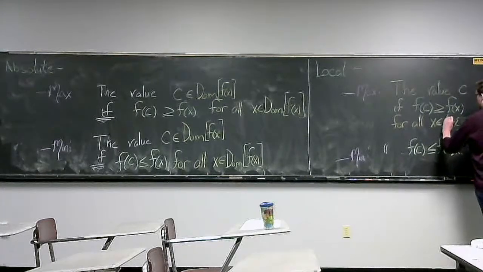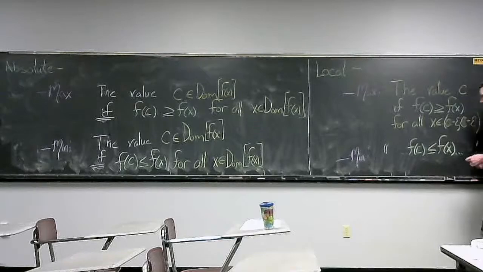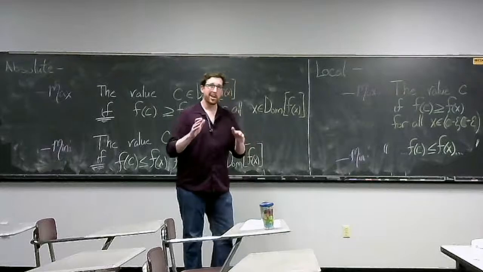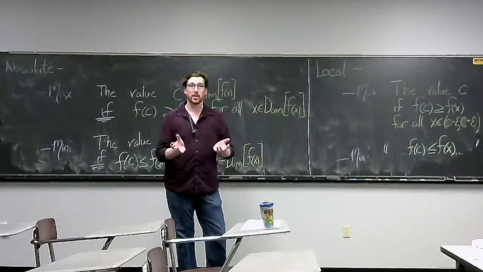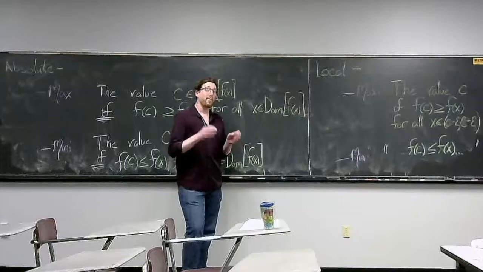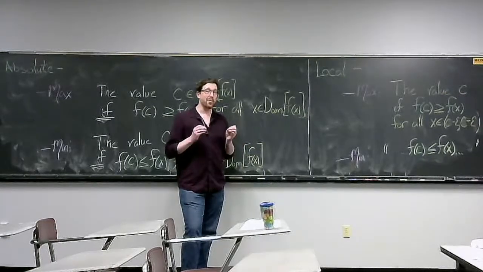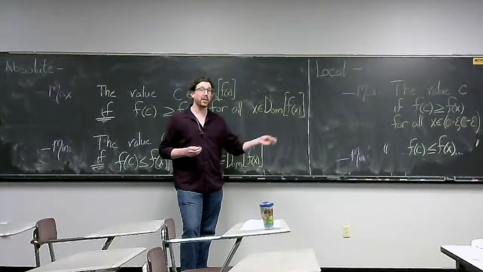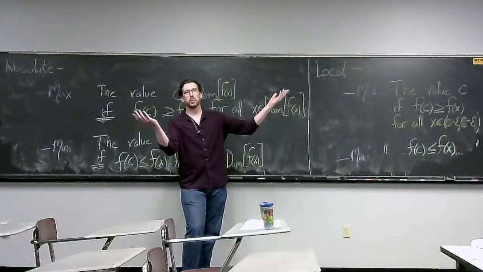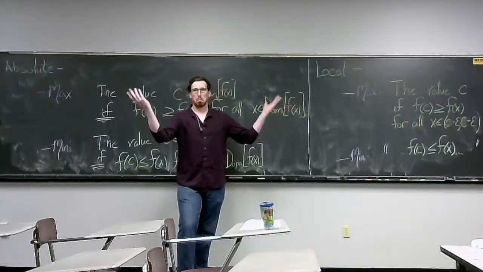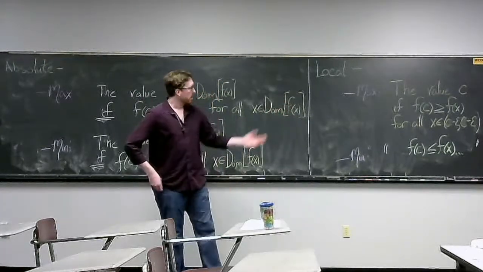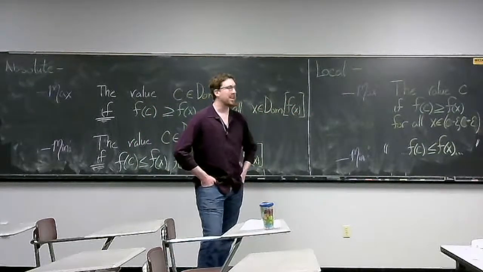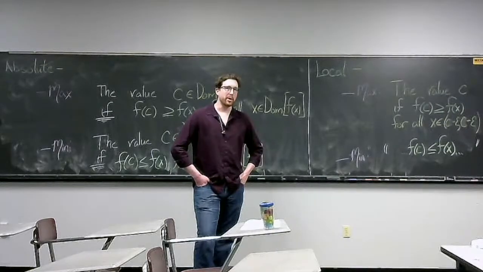This should be c minus epsilon or c plus epsilon. Now what I'm saying here is you're going to take c, and you're going to take a collection of numbers around c. If for every value of x in that collection, f of c is larger than or equal to f of x, well then, f of c is a local max. Or another way of saying that, your function achieves a local max at the value c in the interval c minus epsilon, c plus epsilon.